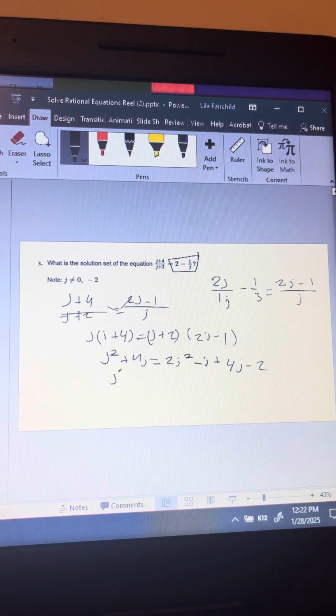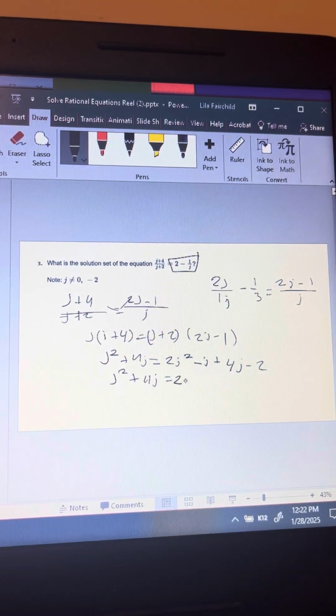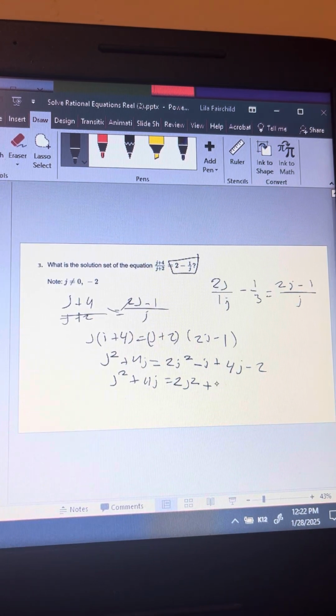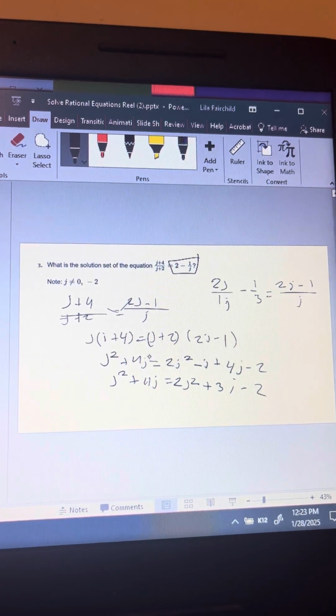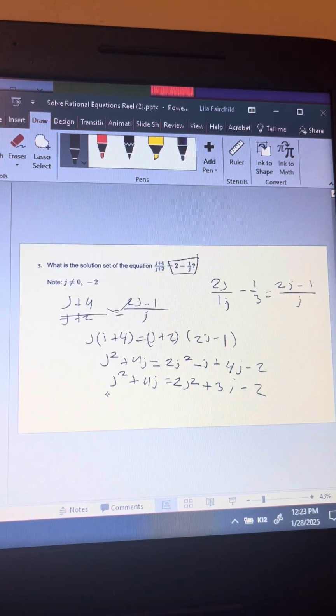So it's I squared plus 4i equals 2i squared plus 3i minus 2.